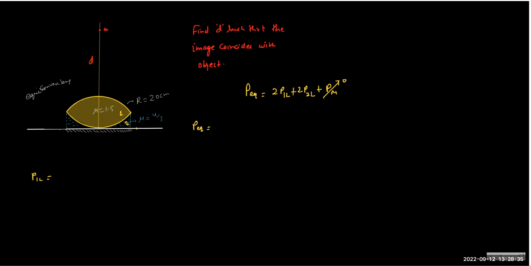If you're not getting this, I'll write everything. It is mu minus 1 into 1 by R, which is plus R, minus minus 20. This will give you 1 by 20.